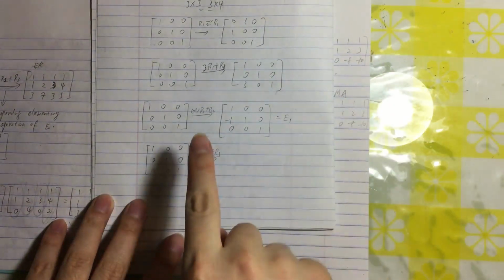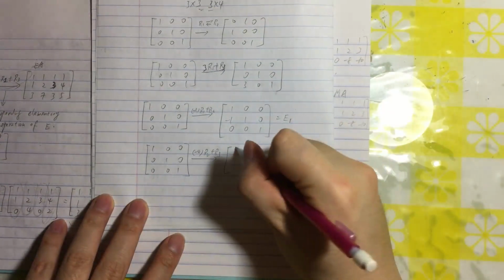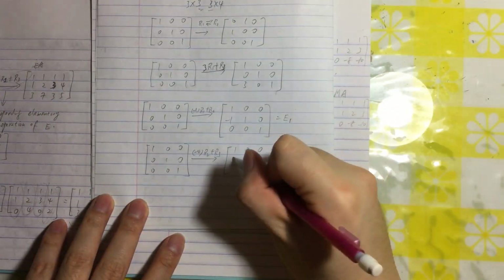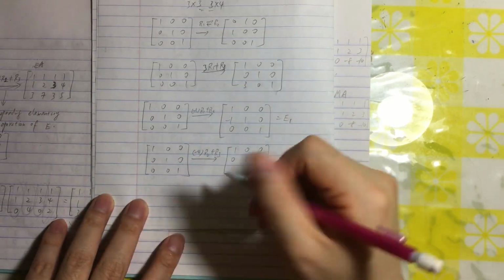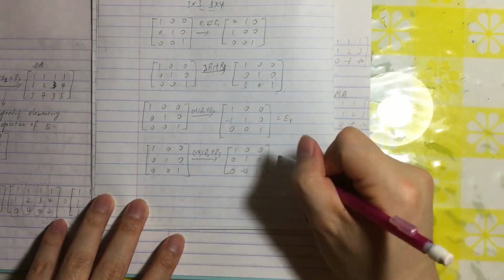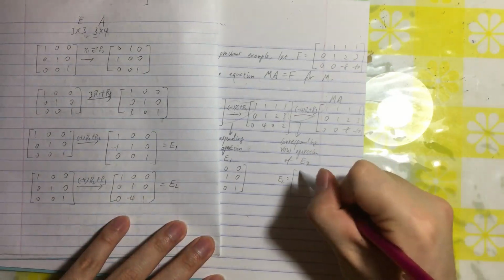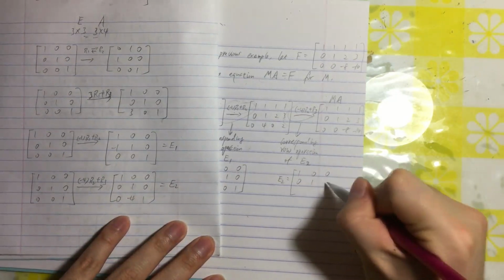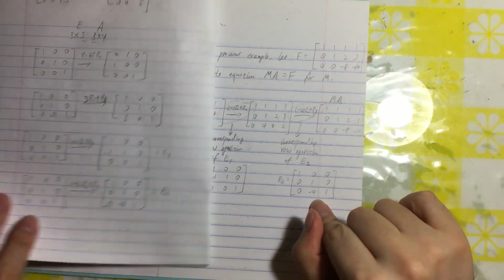What do we get here? First row stays the same. Second row stays the same. On the third row, multiply negative 4 to row 2, add it to row 3. I get 0, negative 4, 1. This is elementary matrix E2: 1, 0, 0, 0, 1, 0, 0, negative 4, 1.